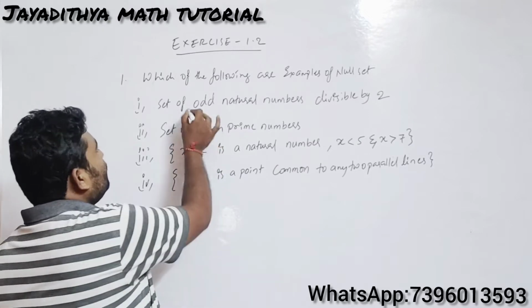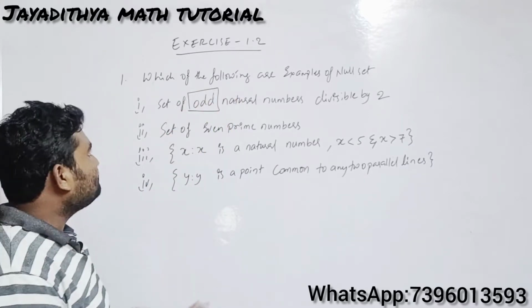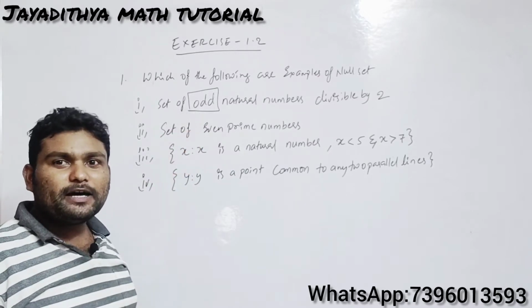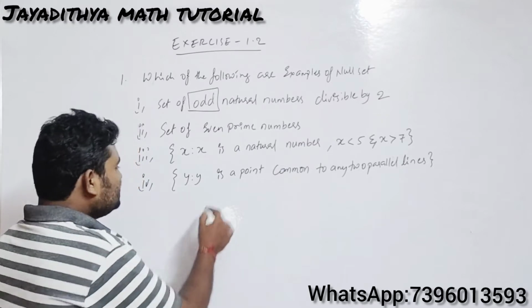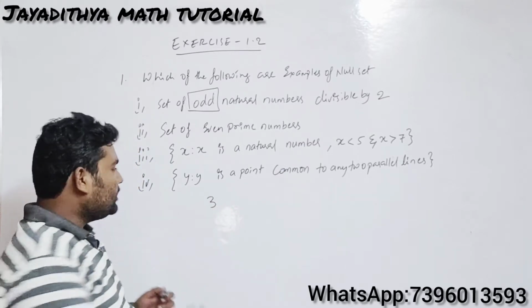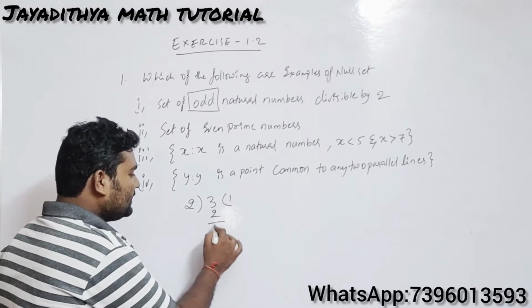See here, what is this term? That is odd natural number. Actually, an odd number is a number which when divided by 2 leaves remainder 1. For example, 3 is an odd number. If you divide 3 by 2, 2 ones are 2 and the remainder is 1.